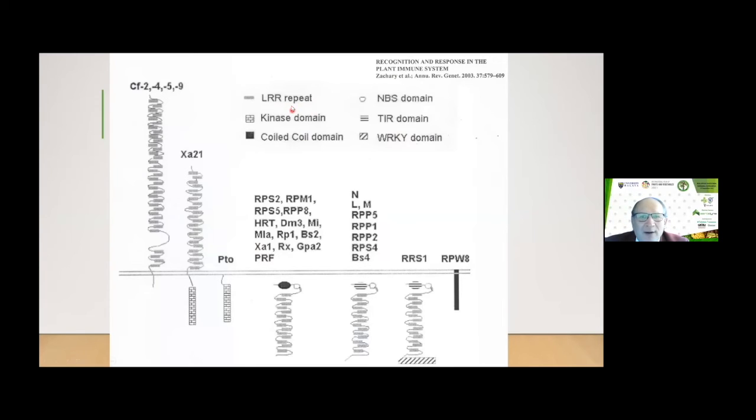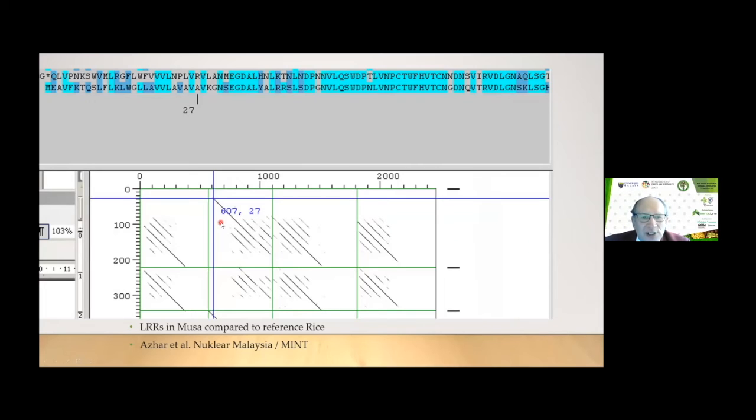And here we have this nucleotide binding domain and the leucine-rich repeat, which help cross the membrane and help to give the banana resistance to many different diseases. The parallel lines here indicate a repeat of a leucine-rich domain, so you can see with the protein sequence at the top there.